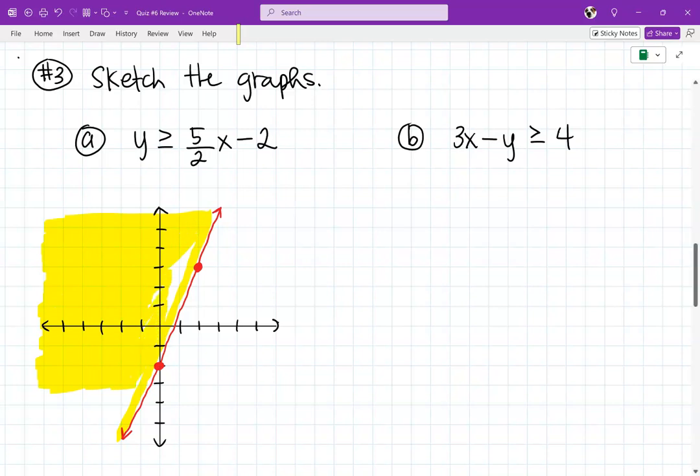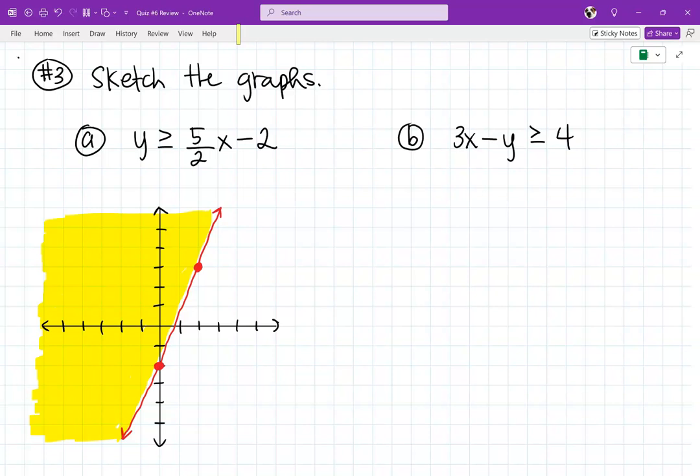Obviously, it takes a little while, but then you're done. Remember, the picture is your solution, so you don't have to write y equals this or y equals that. It's just your picture.